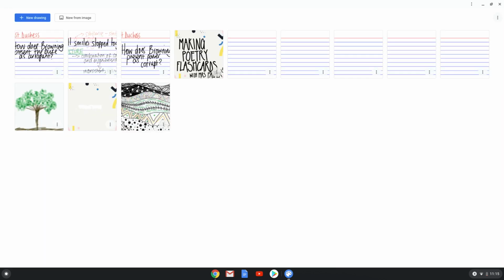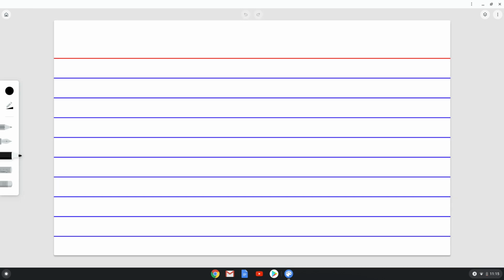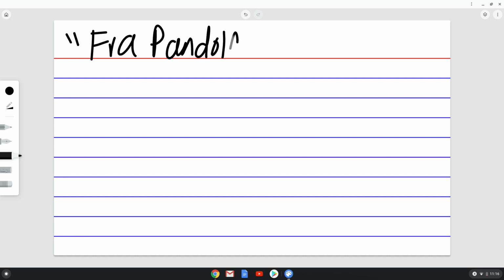So then I would go to the back of that card, and I would consider how does he do that? So I'm looking at my poem. I know the parenthesis, I know his obsession with art. So maybe, from a quote point of view, I'm going to put Fra Pandolf. And who's the other guy's name?